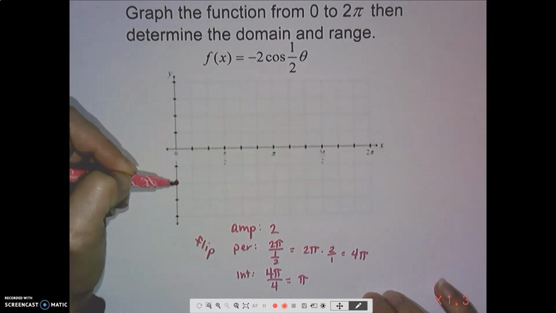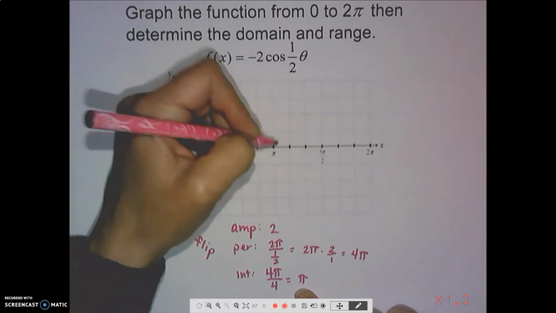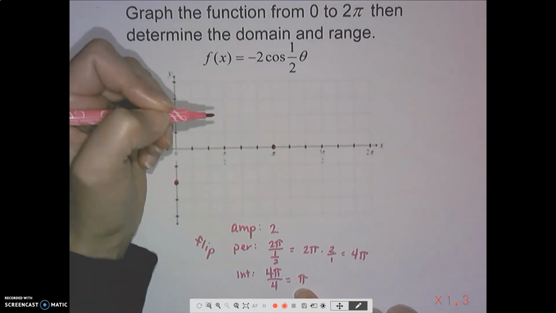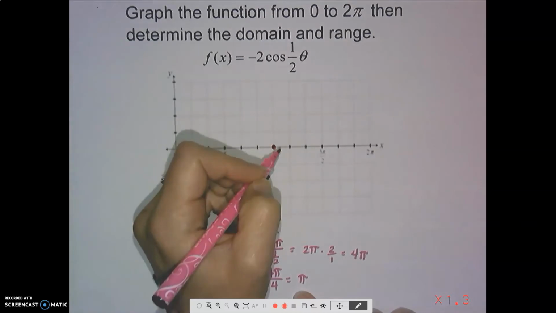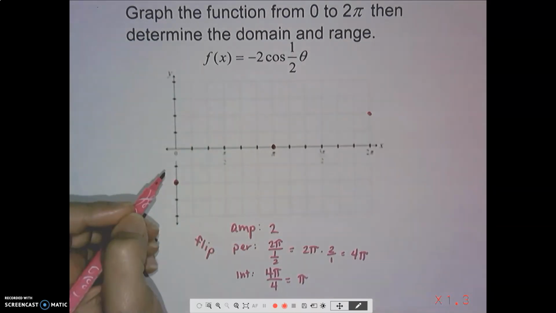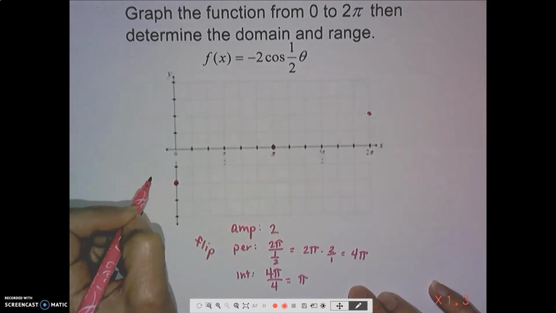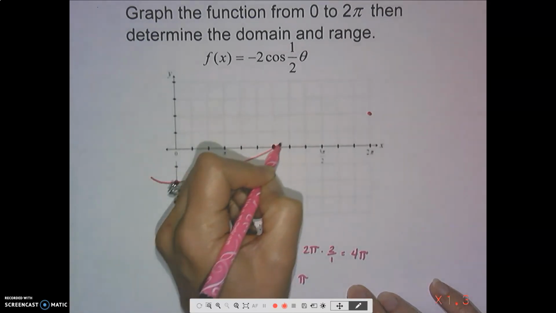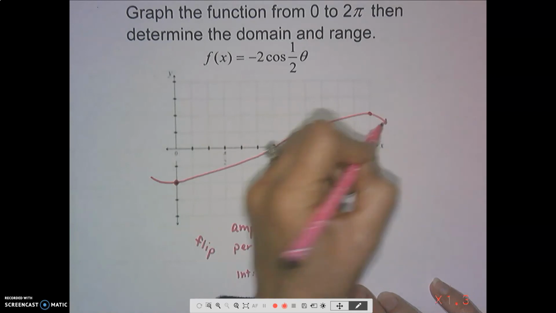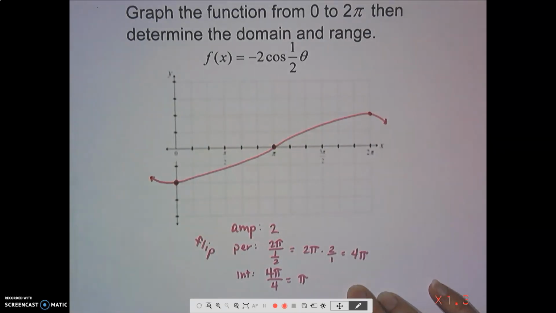So at our next interval, which is pi, we're going to be at 0. And then at the next interval of pi, so at 2 pi, we're going to be up at the positive amplitude. So this looks like it would just make a straight line. That's not what it's doing here. This is going to have some curve to it. Not much, since it's pretty stretched out, but there is a little bit of curve to it. And you got half of your cosine curve.